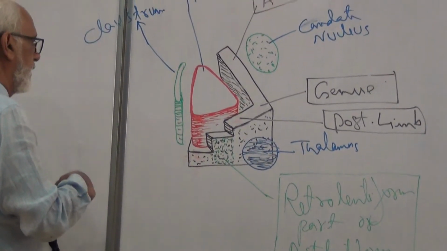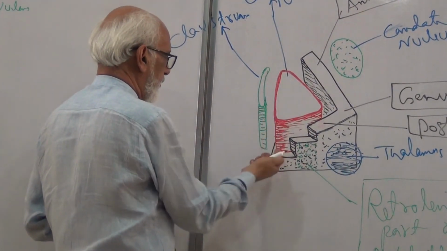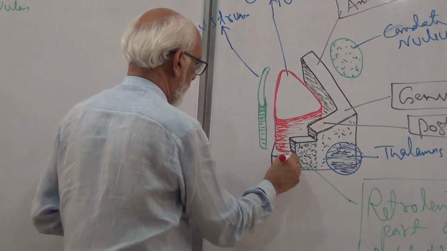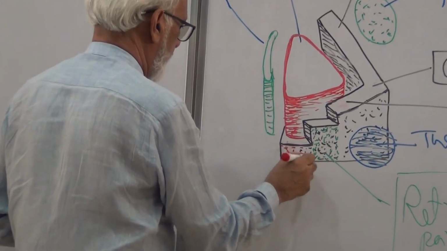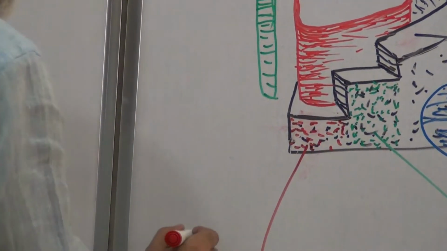Then one can see here this part which is below the lentiform nucleus. This is sublentiform part of the internal capsule.